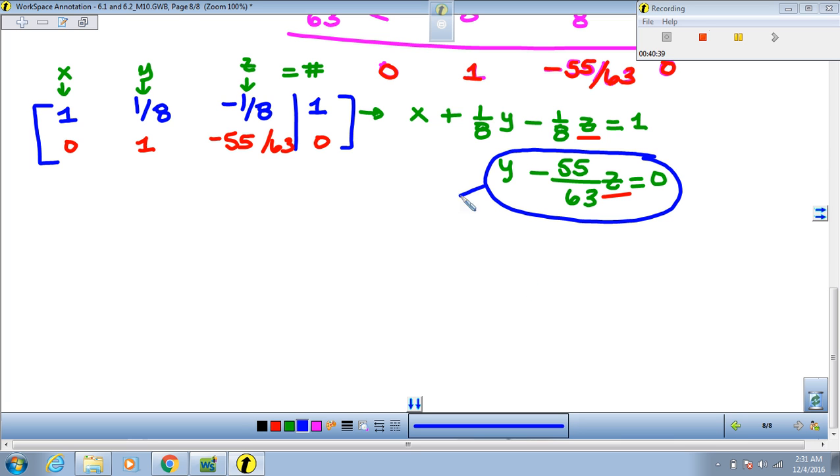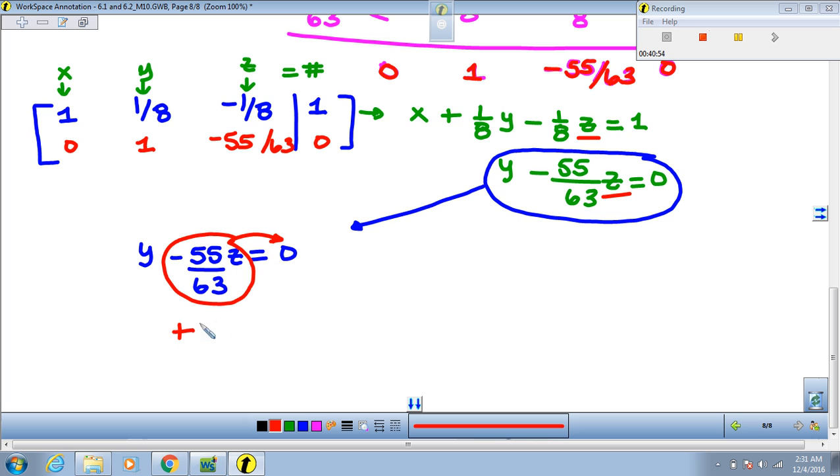So I'm going to go here. y minus 55 over 63 z equals 0. We're going to be sending this term to the other side. How? By adding it to both sides.